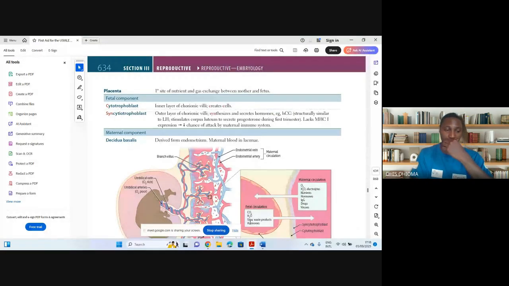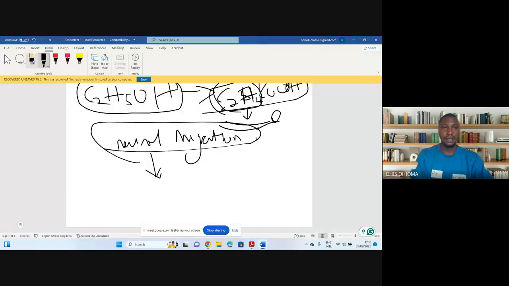Yeah, and so we're going to talk about the placenta quickly. I want to tell you guys something. The placenta is kind of like the food depot for a child. What I want you guys to know is that the placenta is made up of two parts: the fetal part and the maternal part.